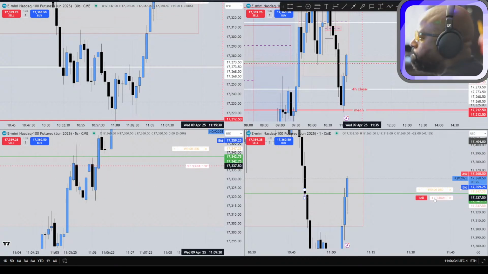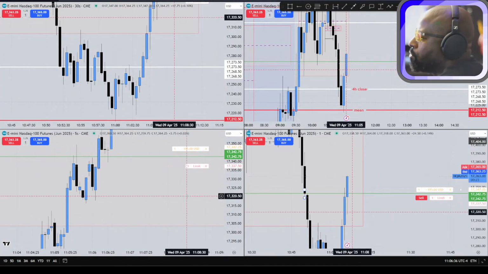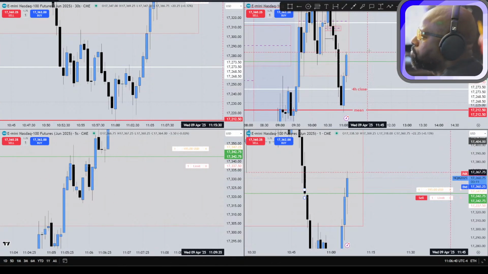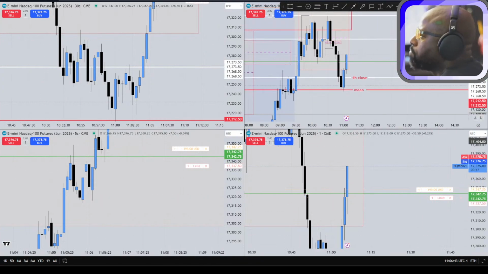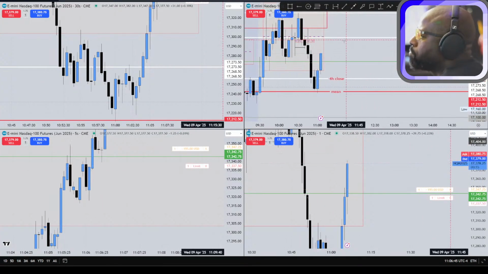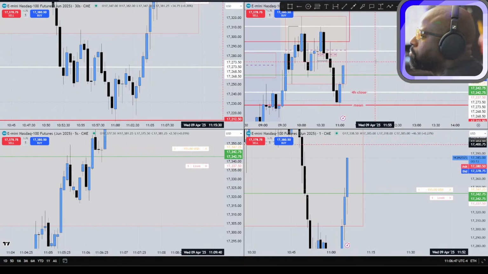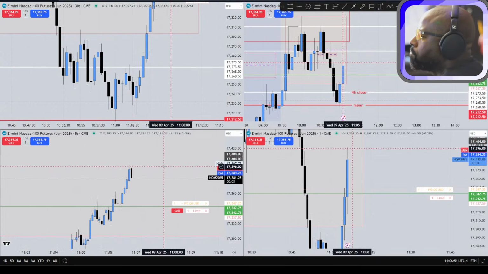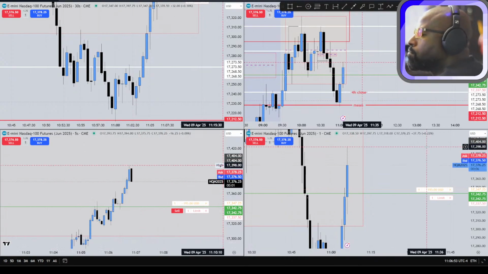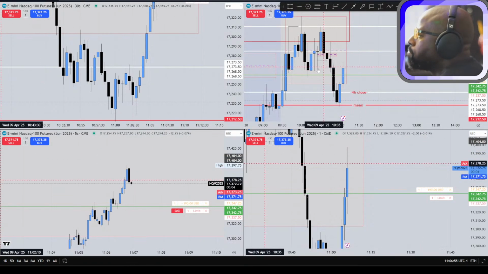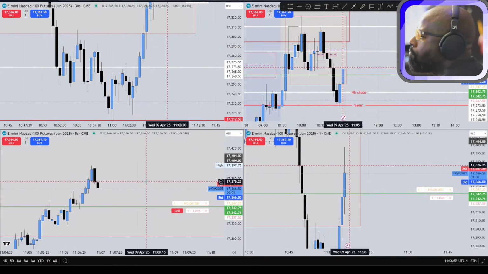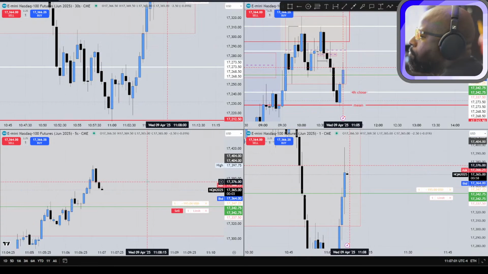Moving up to this green line. We're at the lows of these 5-minute candles here.